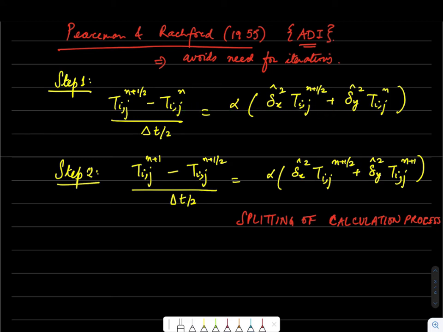The first step will have a tridiagonal system in x, the second step will have a tridiagonal system in y. So we don't need to worry about the iterative process.